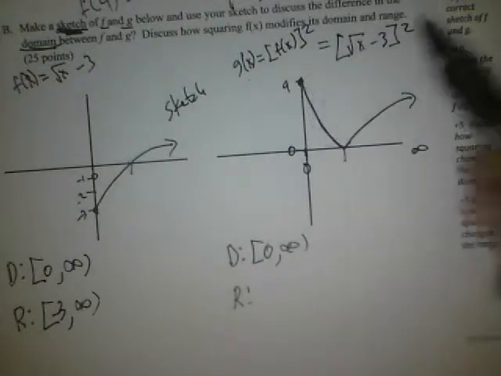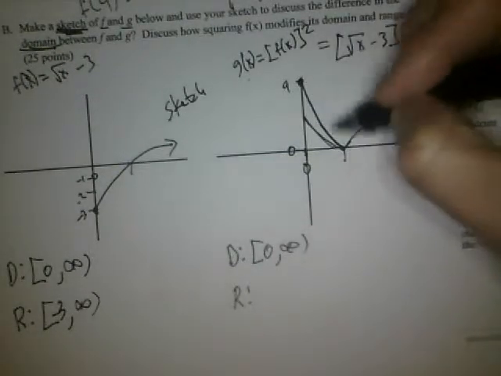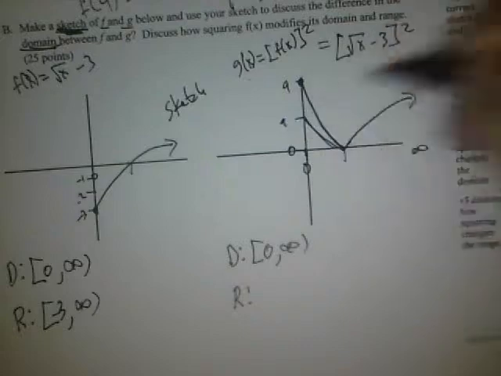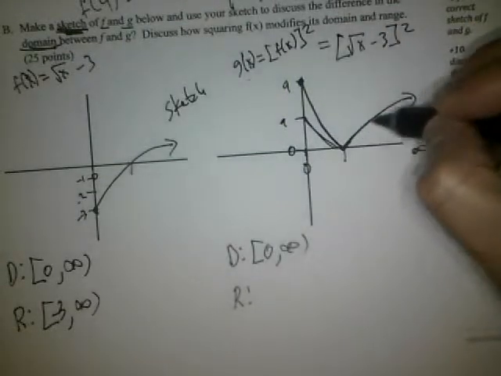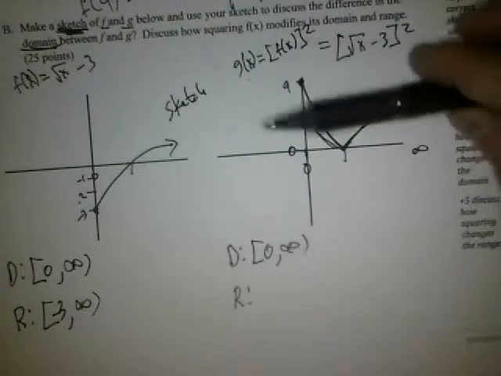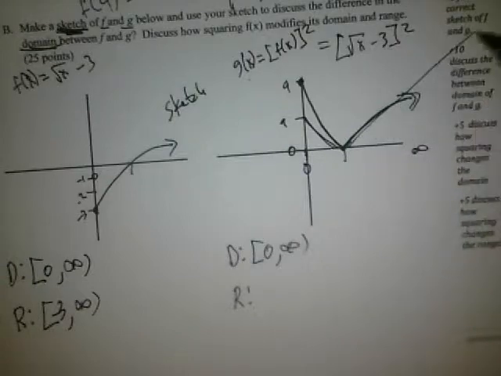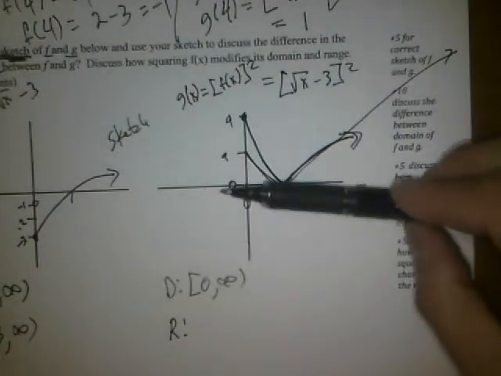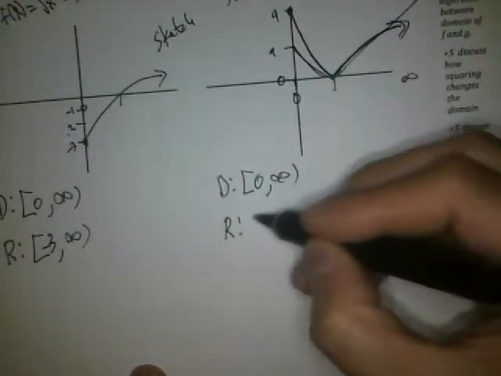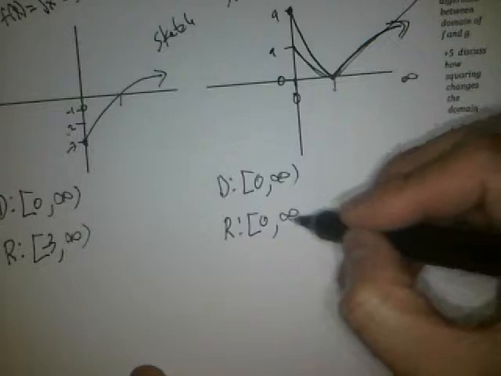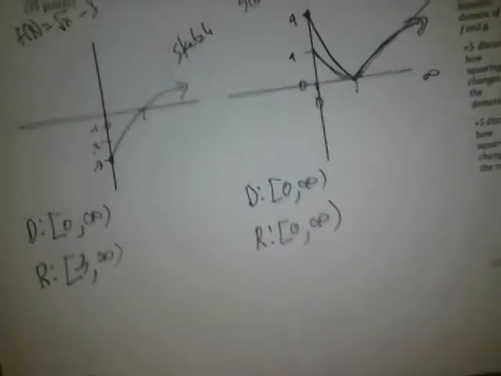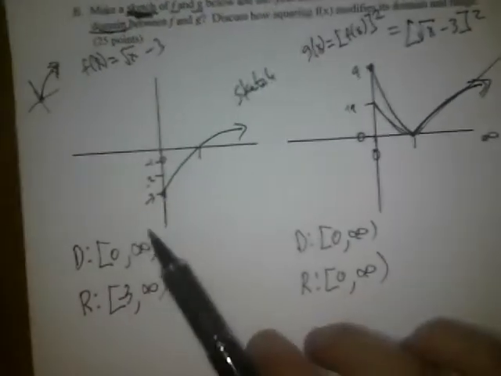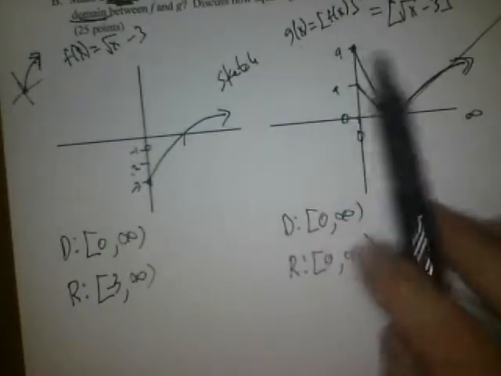I could have easily drawn this to be 9, right? The point is, when you see an arrow like this, it means it keeps going on, i.e., the range is 0 to infinity. By the way, if you're curious how I got 9, I just squared -3, and I got 9.